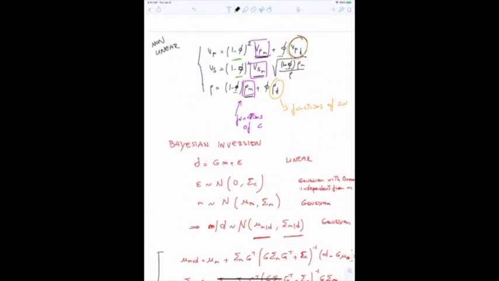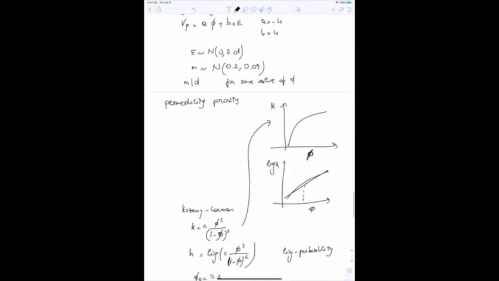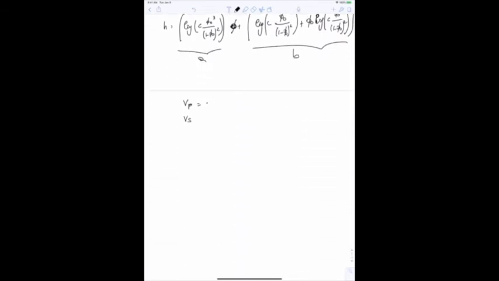Typically, if the clay content increases, the velocity decreases. And if the porosity increases, the velocity decreases as well. So we have, let's say, alpha P times porosity plus beta P times clay content. Let's assume that there's no constant. Well, let's put a constant here.